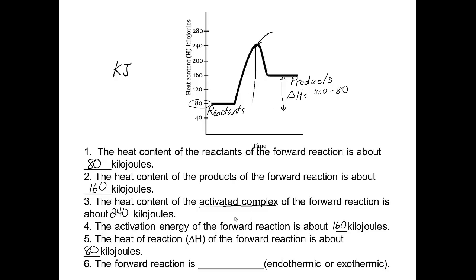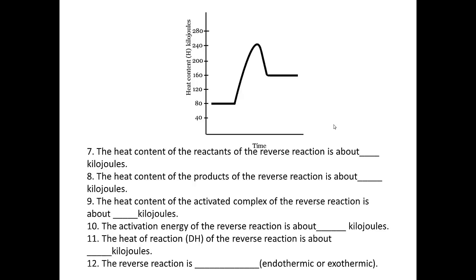So in the forward direction, this reaction is endothermic. Two ways: you can see the products are higher, or right here, this is a positive value. Positive value means it is endothermic.